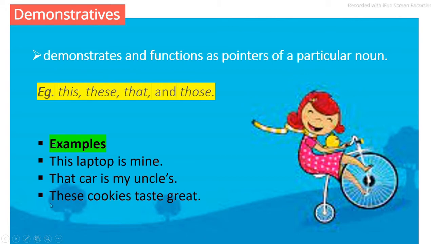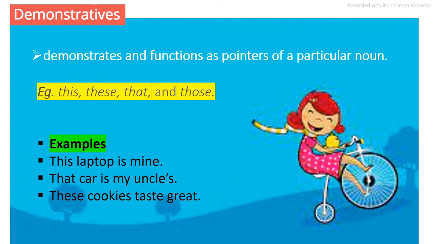So, these cookies taste great. Here cookies is the noun, and it is modified with these. Obviously we come to know from the use of es also, but still this determiner also helps us to know that the noun is in the plural form.